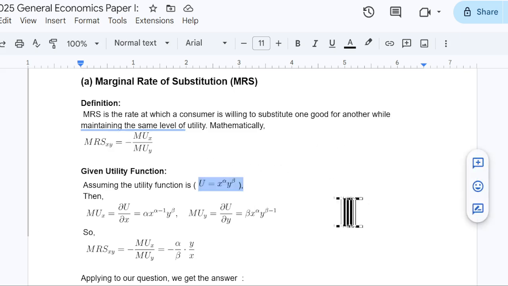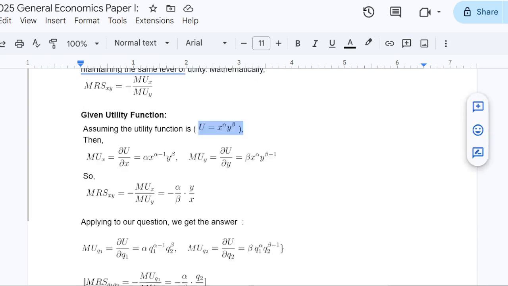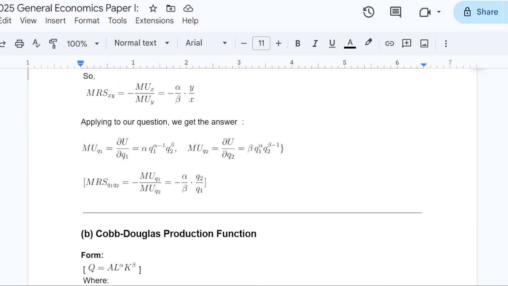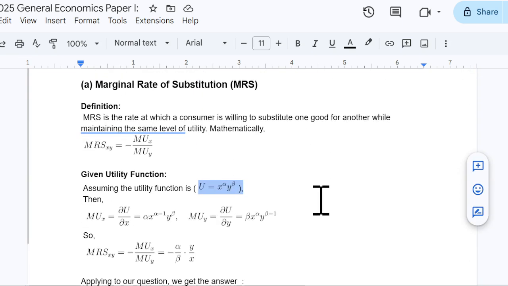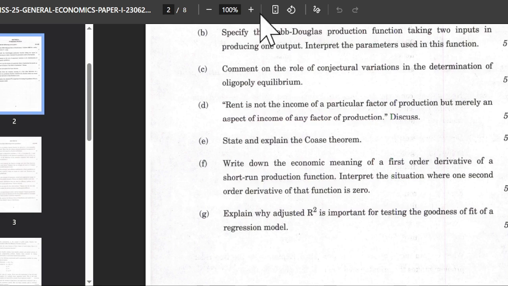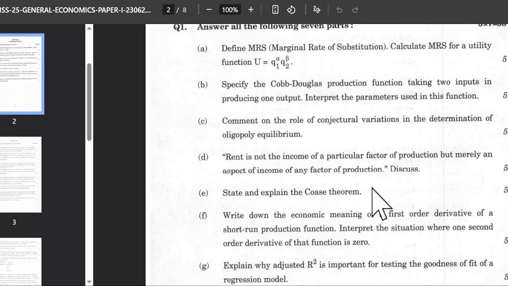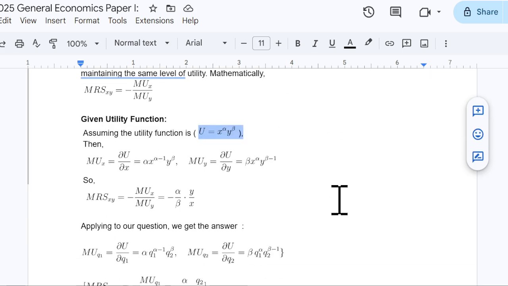All right, now next is this question, q1 to the power alpha times q2 to the power beta. You put these values exactly the way we solved it.